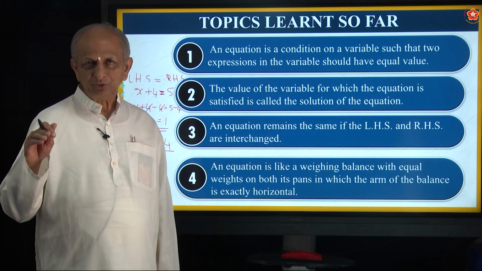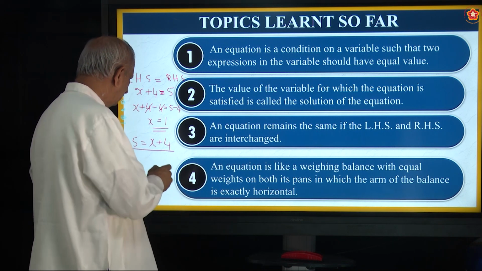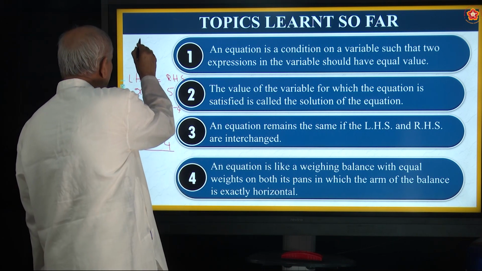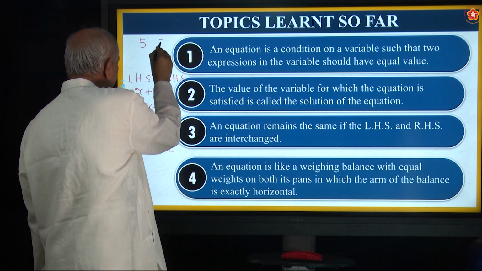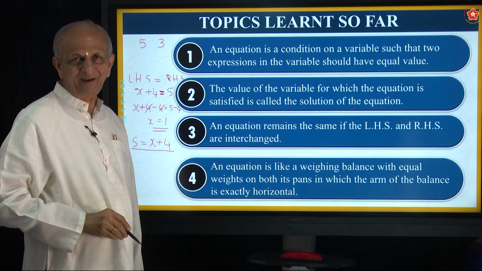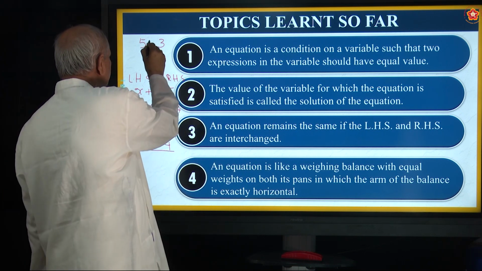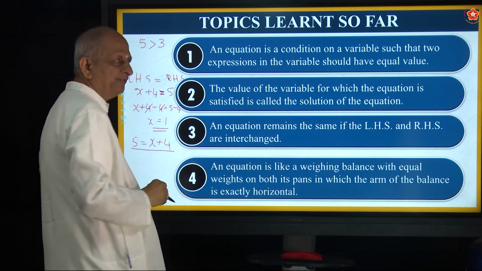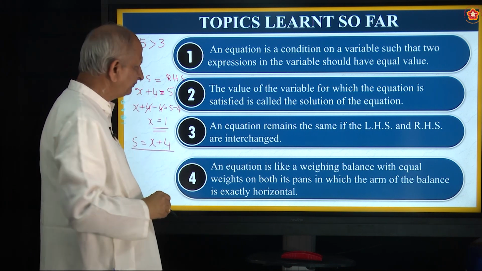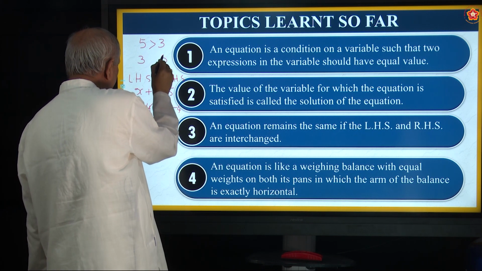Suppose not using equal sign, then what do you call it? We call it as inequals. For example, if you want to compare 5 and 3, which is bigger? 5 is bigger. What is the sign you use? We say 5 is more than 3. Suppose you want to write 3 first and 5 next.